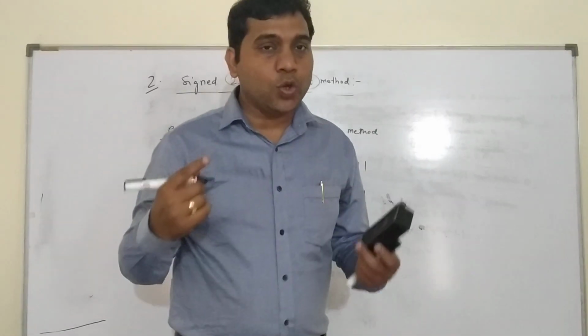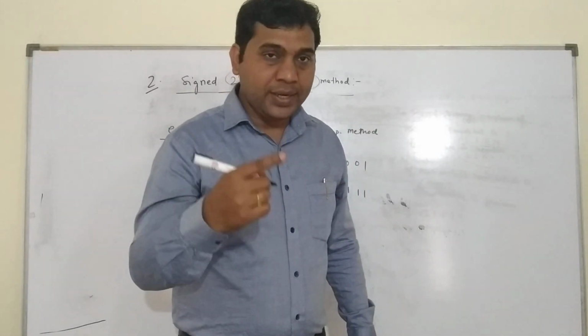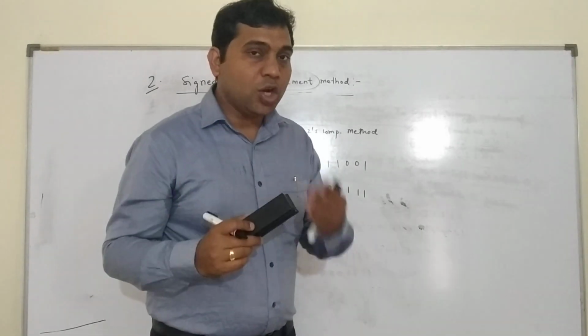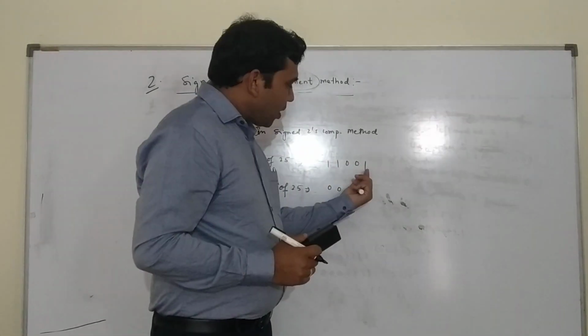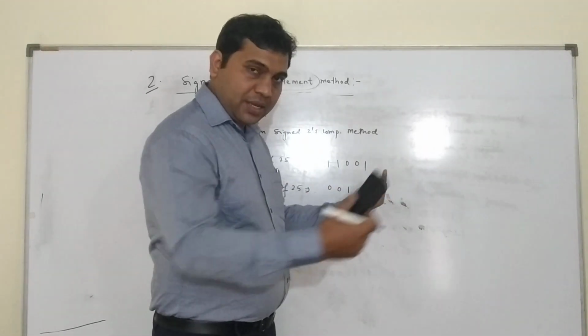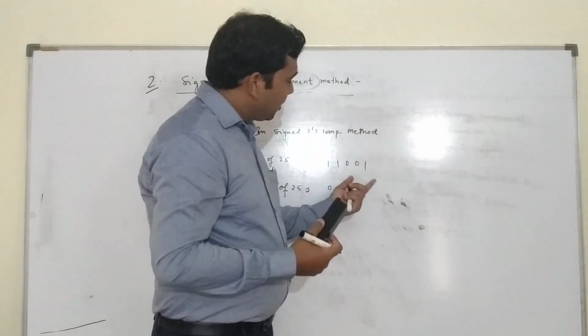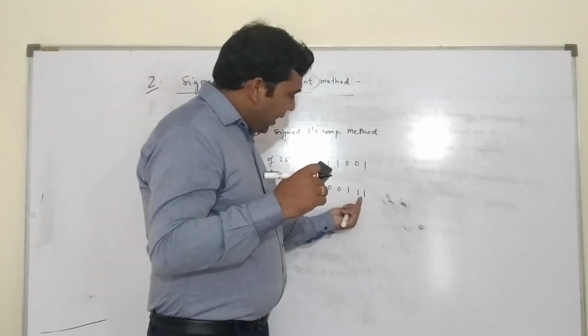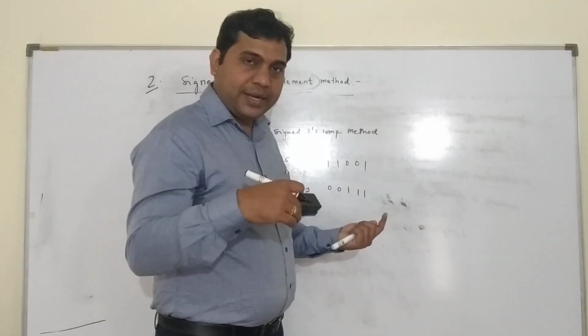I know you already know how to take the twos complement. First take the ones complement and then add 1. This is one method. Or copy all the bits starting from the rightmost bit till the first one comes, and then invert each bit.